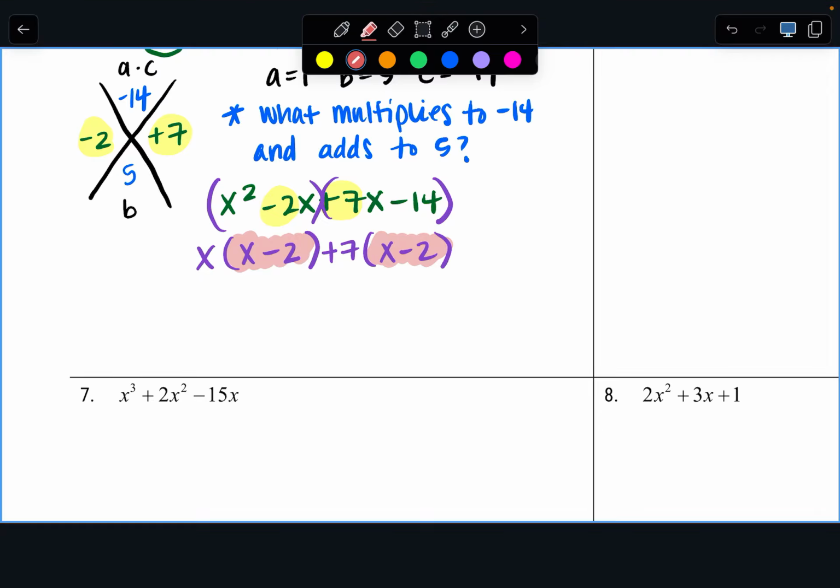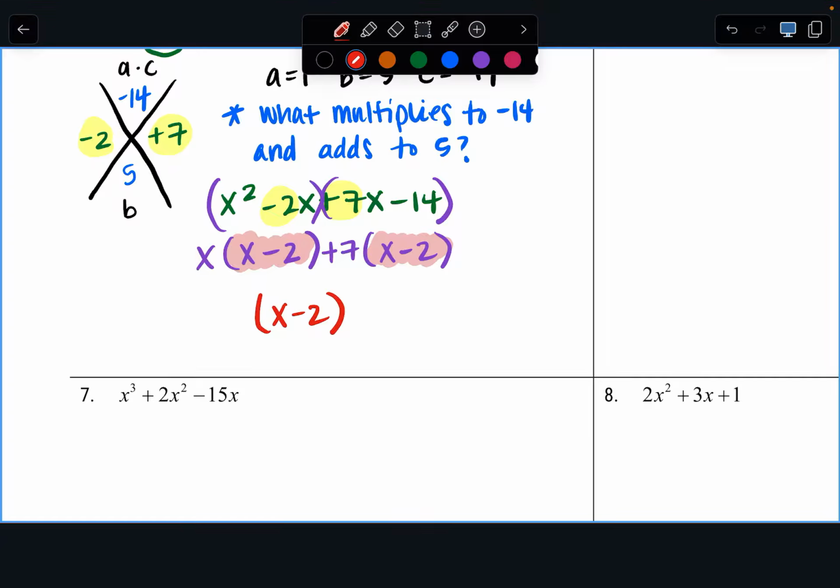So your parentheses have to match. That parentheses is your first factor. Your first factor is x minus 2. Because if I distribute the 7 back out, I get 7x minus 14. I pulled out a GCF.